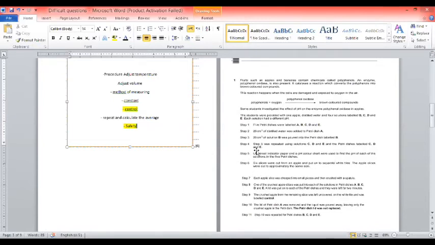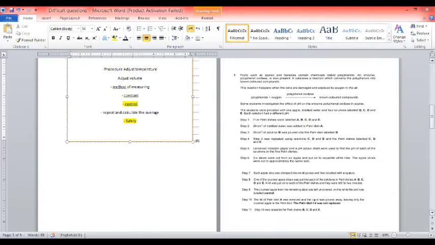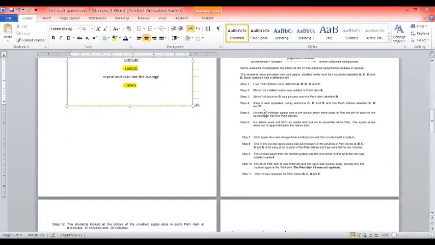We used a universal indicator and pH color chart to find the pH of each solution in the 5 Petri dishes. Okay? And then we got the apple, 6 slices, separated, put in separate white tiles, and the apple slices were cut the same size, and each one was chopped into small pieces in order to expose it to oxygen.